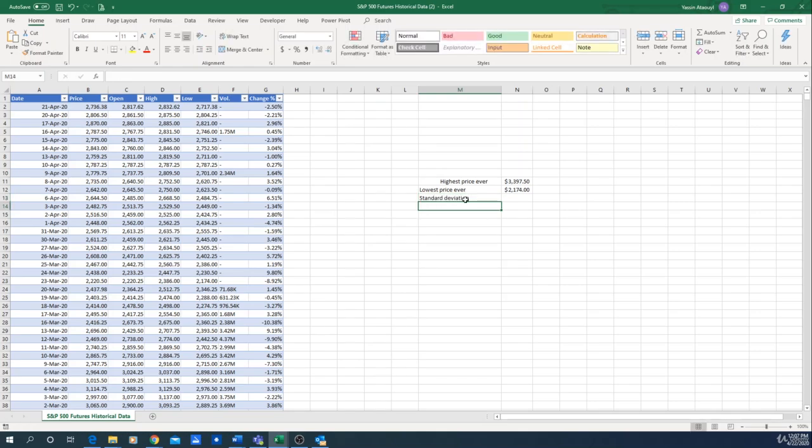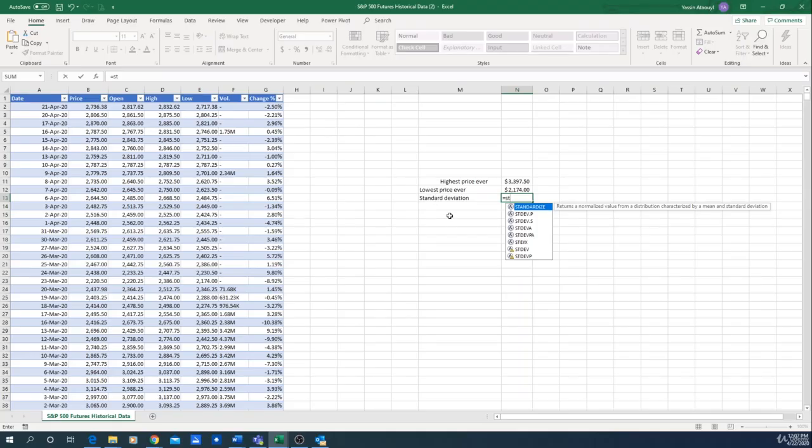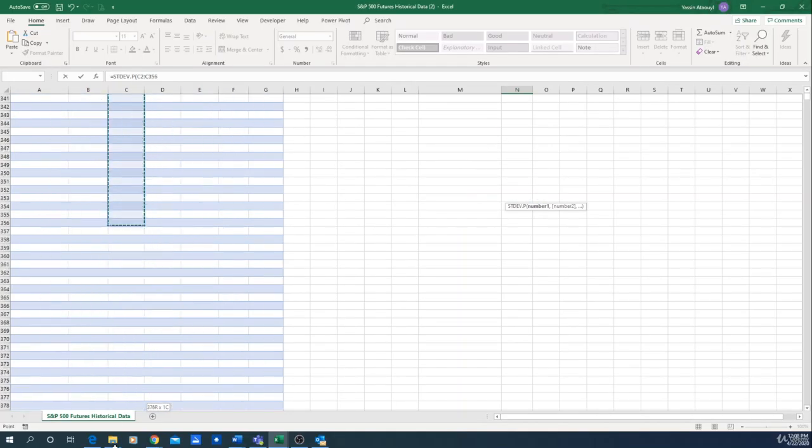All right, so how do we calculate the standard deviation? There is a formula that can calculate it in Excel. You simply write down stdev.p, it's the one here. As you can see, it will be stdev.p, and you open up the parentheses, then simply select all the prices in our open price.